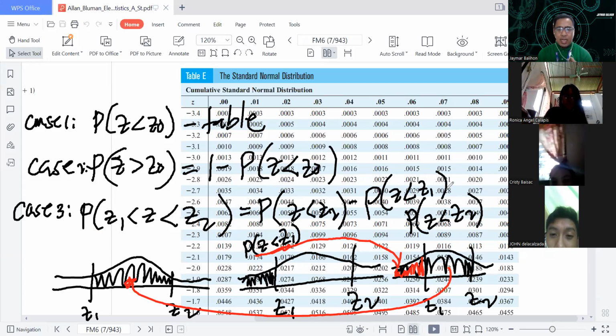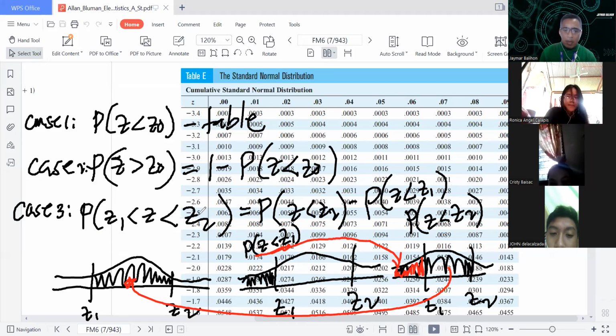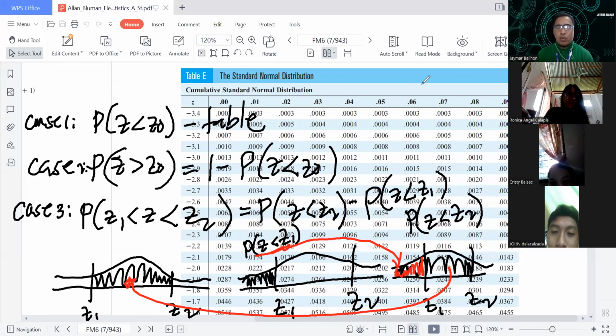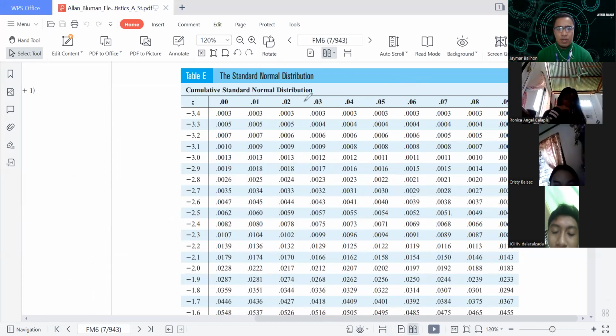For in between, you get the probability of z less than z sub 2, using the table, minus the probability of z less than z sub 1. Clear? Yes, sir. I want you to understand that thoroughly before we have an example. No questions? None, sir. Very good.